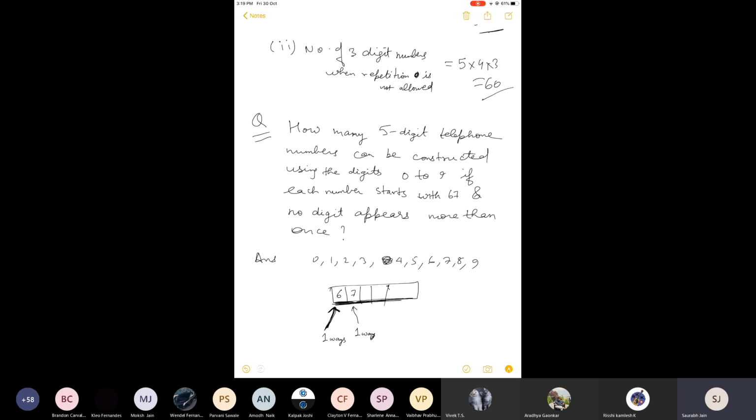Question is easy. Who can tell me how to fill these three question marks? How many ways? Just find the number of ways, multiply them, and you'll get the answer. 8 ways, 7 ways, and 6 ways. One at a time, please. Yes, any one of you, please speak. So 8 into 7 into 6.